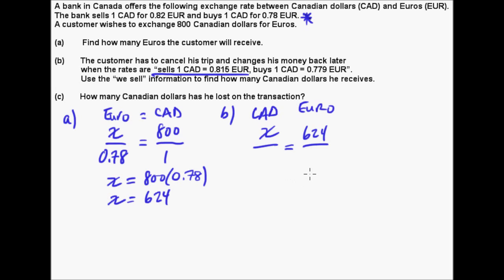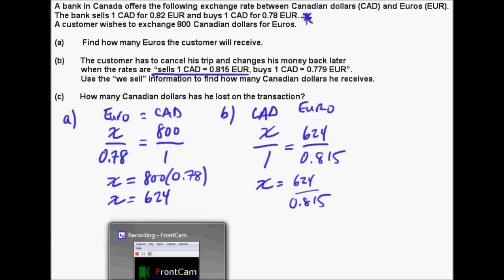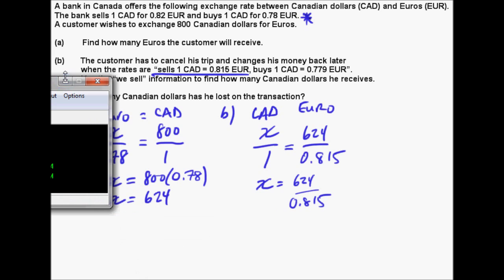So what do we got here? 1, and then 0.815. Now all you really have to do is this is x, and then this is 624 divided by 0.815. Let's see what we get. Oops, that's not what I want.